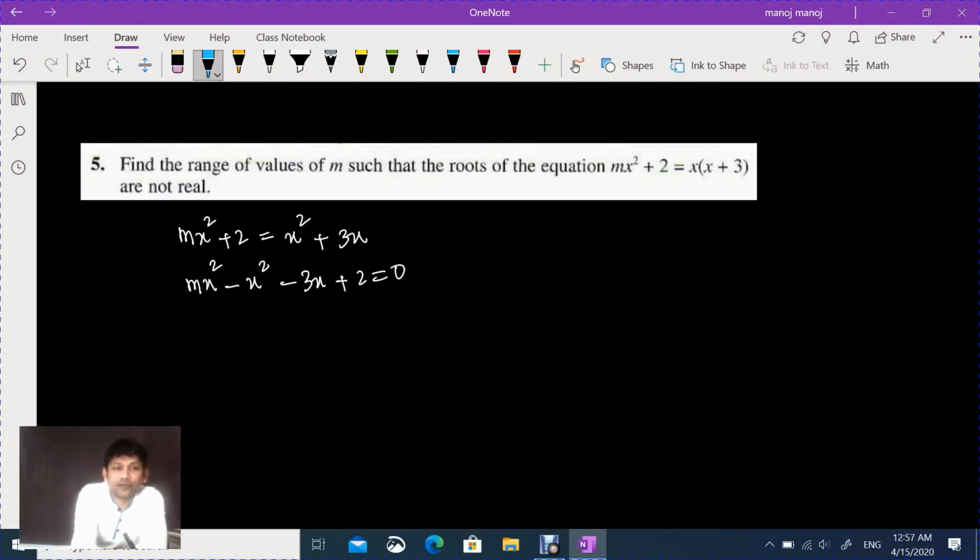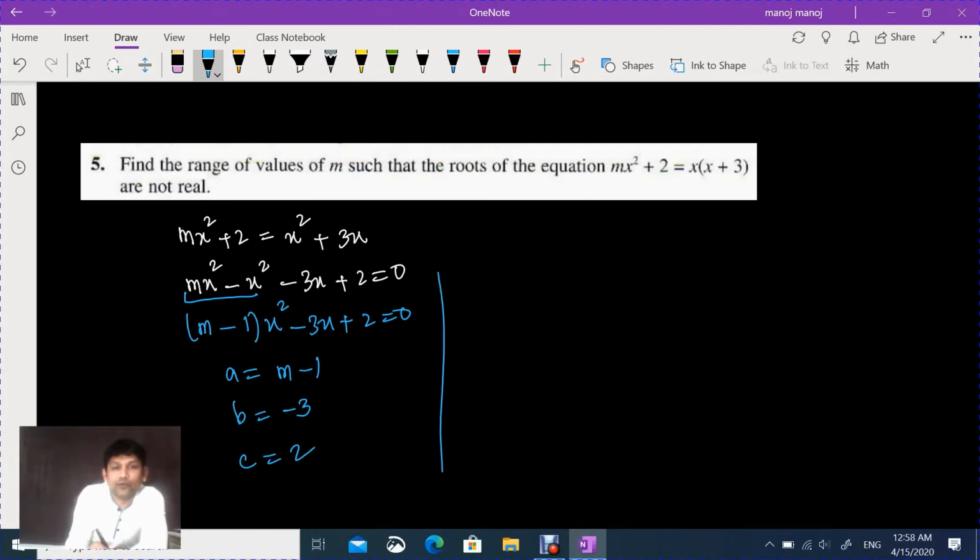In this situation you have to write the coefficient of x². When you take x² common, then the coefficient of x² is a is m − 1, b is −3, c is 2.